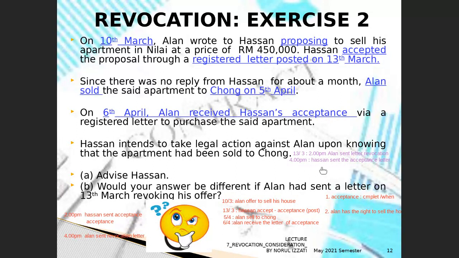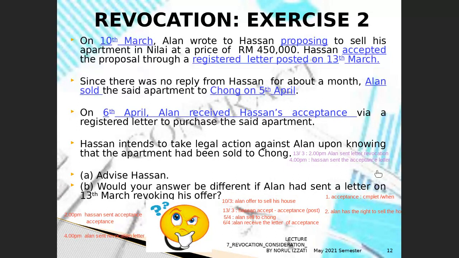Now the issue is whether Alan is allowed to make the revocation. In this case, you can see that even though Alan sent the letter of revocation before the acceptance letter was carried out, principally, if you refer back to the clause, communication of revocation must reach the person to whom the acceptance or the revocation is made.